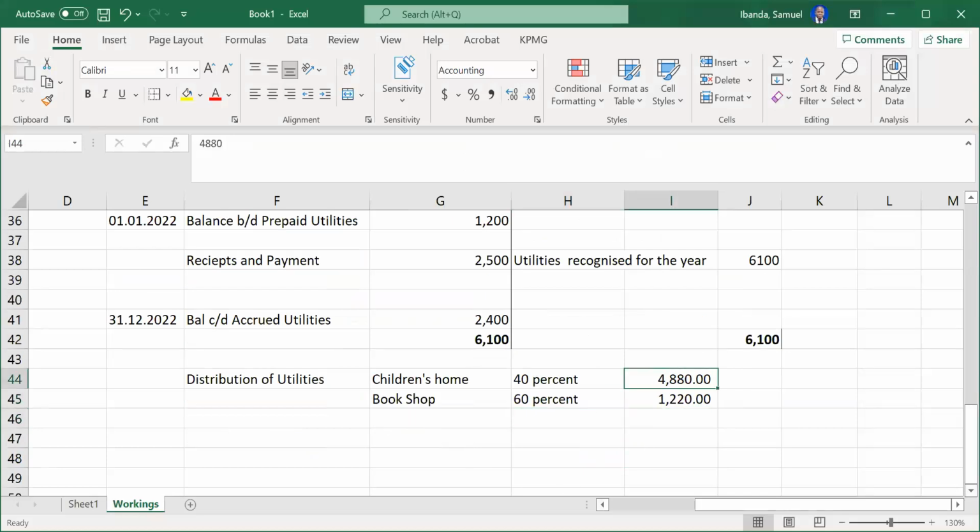So it means that in computation, 0.4 times 6,100 gives us 2,440, and 60%, 0.6 times 6,100 gives us 3,660.